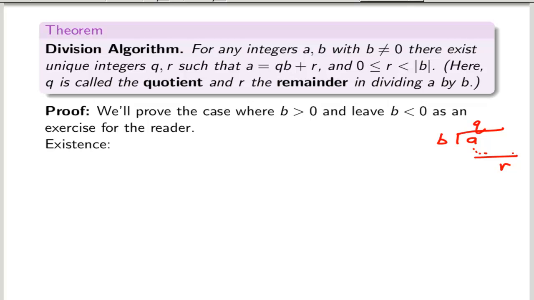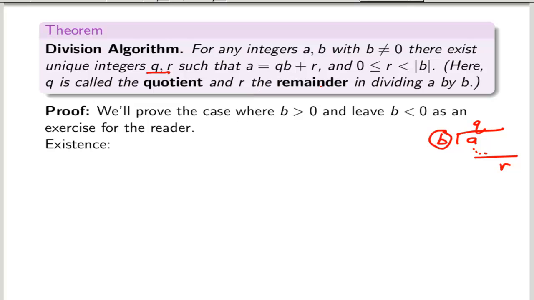So what we're saying is that if I want to do A divided by B, there exist unique integers Q and R such that the dividend A is Q times B plus R, where the remainder R is smaller than the divisor B. Now, B can be negative, so I need to put absolute values here. So Q, the number on top, is called the quotient. That's the multiplier on the divisor B, and R is the remainder.